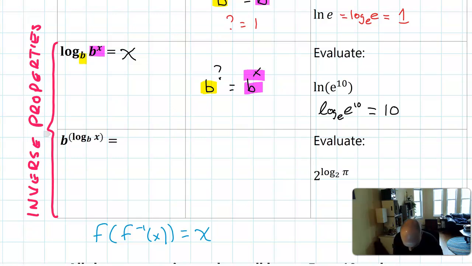What if we had a b with a log in the exponent? This feels like you shouldn't be able to have that, but often you do get this. This comes up from time to time. And we do the same thing, except we're going to put it in log form. So in this case, b is the base here.